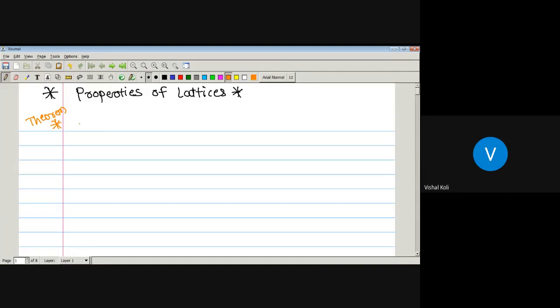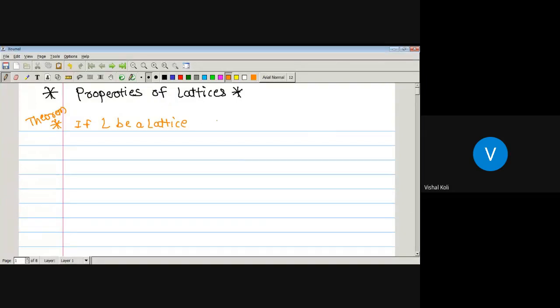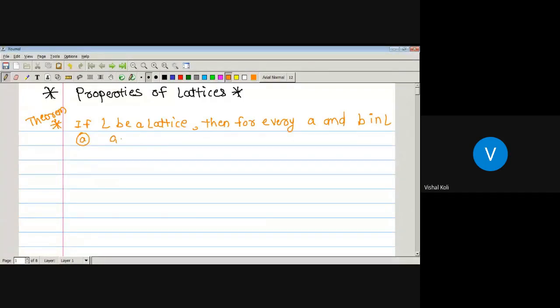If L is a lattice, then for every a, b in L, first: a join b equals b if and only if a precedes b.